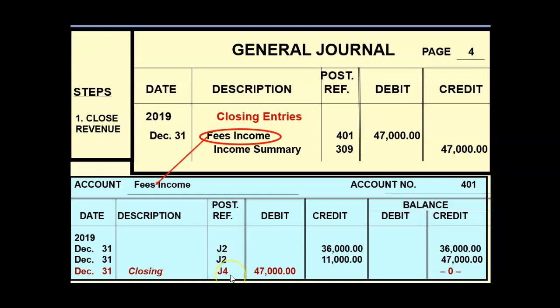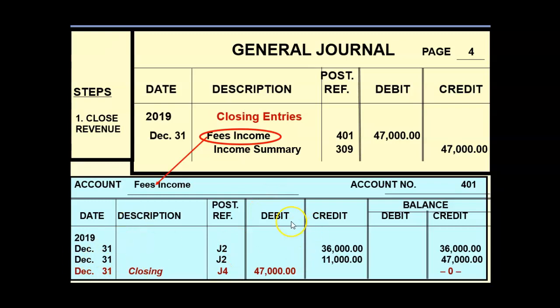The second step is to record the journal page number into the post reference column of the ledger. So the J4 stands for page 4 of the general journal.